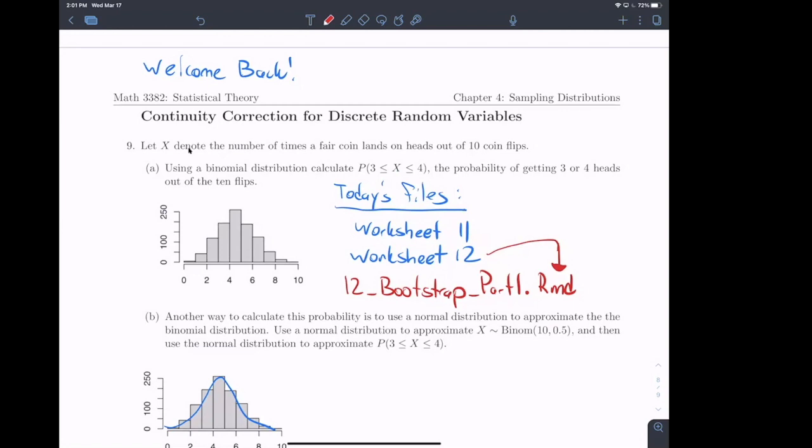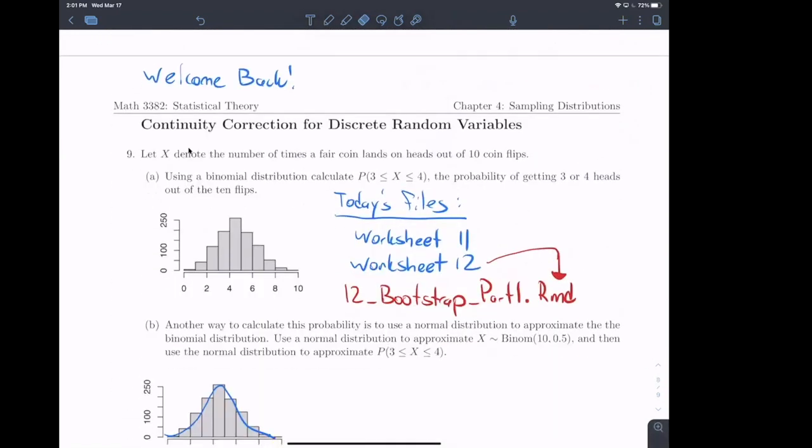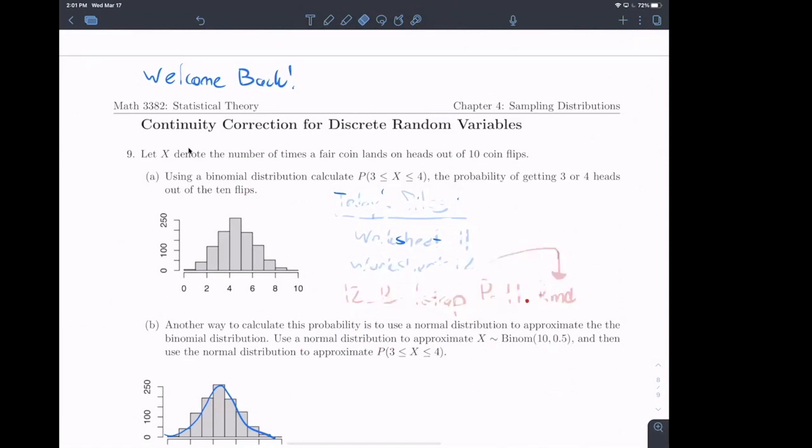Okay, so let's think about the following example. Here we are, question 9 on worksheet 11. This is a familiar problem that we've seen before, at least part A. So I want to talk about how the central limit theorem might fit into a problem like this.